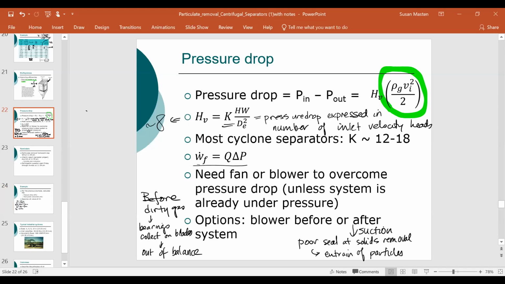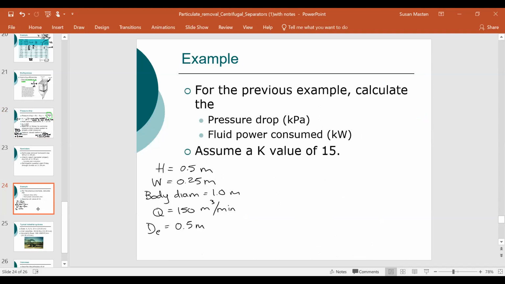This term is the velocity head. And H_V is equal to K H W over D_E squared, where D_E is the exit diameter. K is 15.